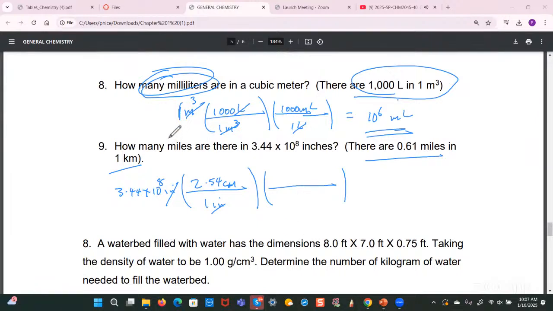Remember, the aim is to get to miles, right? So we have converted successfully from inches to centimeters. What would you think the next step is? Okay, so how would you get from centimeters to kilometers?